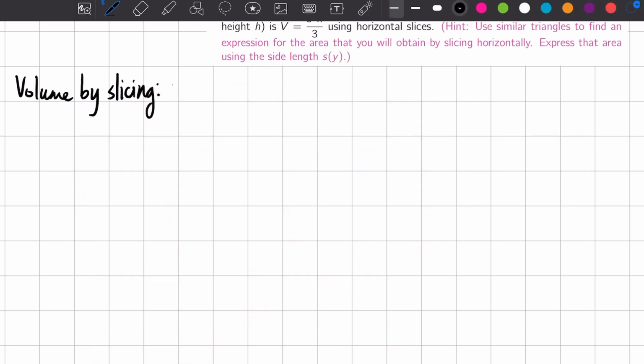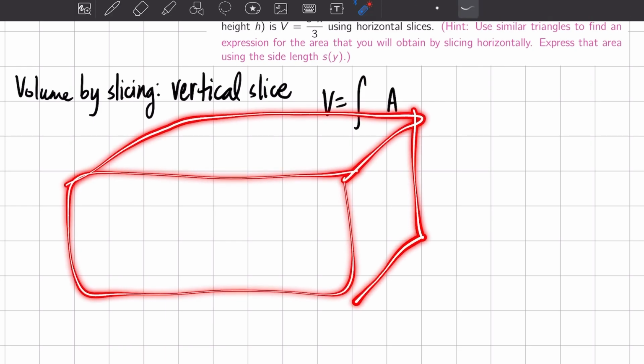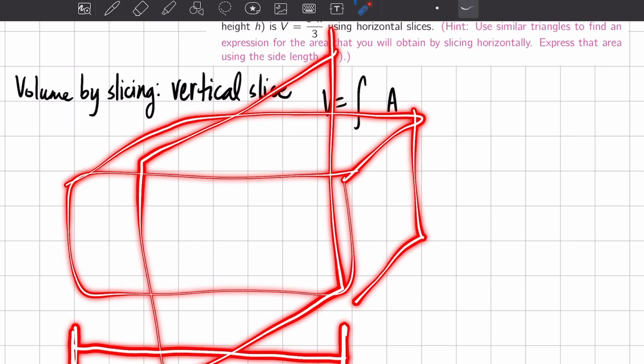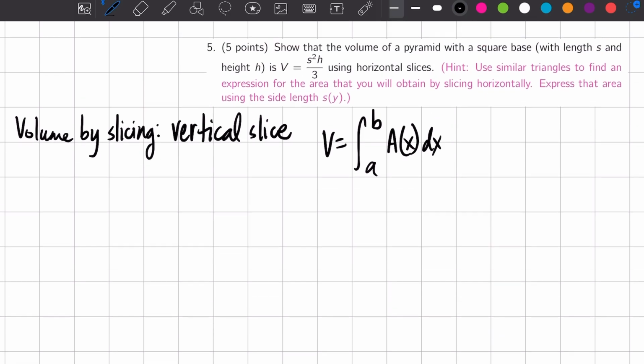So if it's a vertical slice, what you need is the area of your cross section. You are slicing right here, for instance, and doing it from left to right, so you are moving through values of x. So this should be in terms of x, and you're integrating from the leftmost to the rightmost.